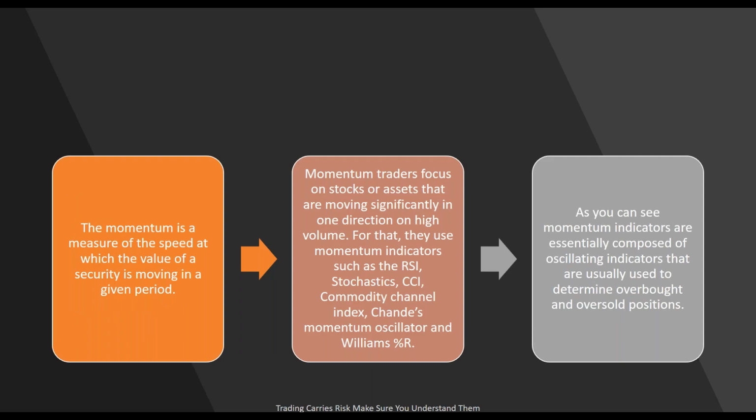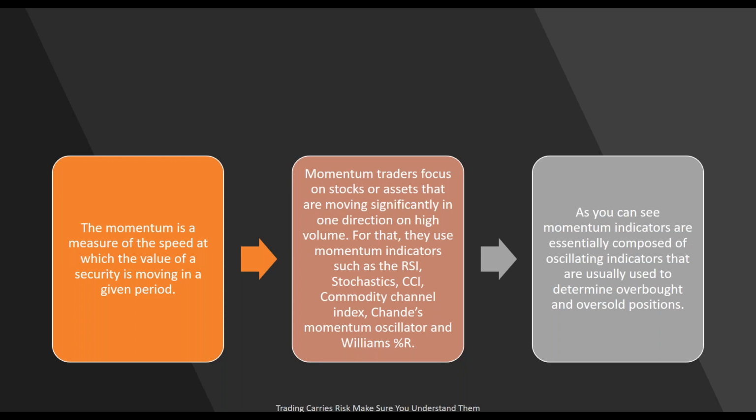Momentum is a measure of the speed at which the value of a security is moving in a given period of time. In other words, if in the last 15 minutes this asset moved a great deal, it is how much it moved, or the speed at which it moved in that period of time, which is your momentum. Momentum traders focus on assets that are moving significantly in one direction on high volume.